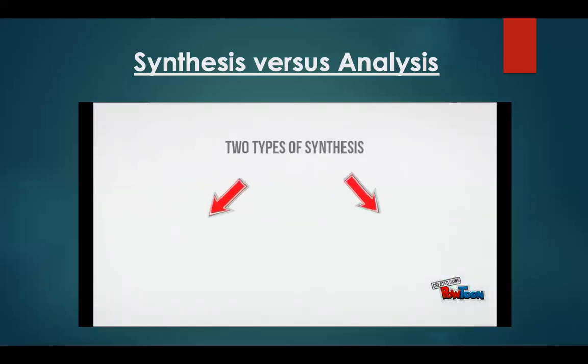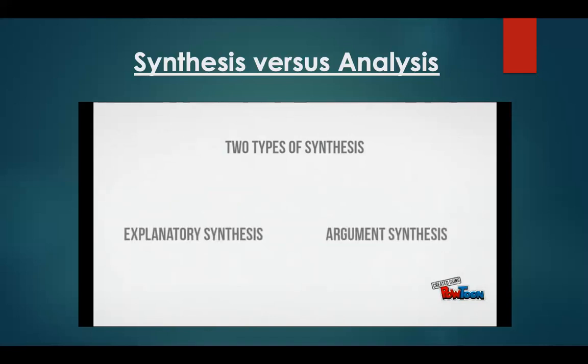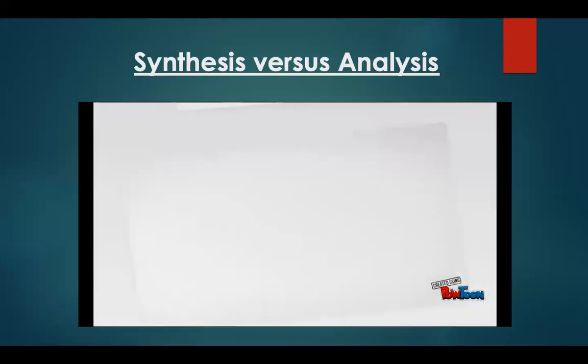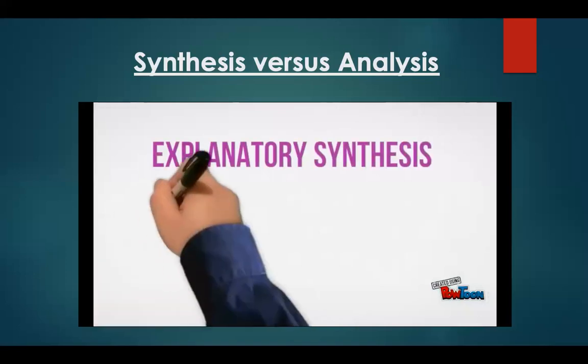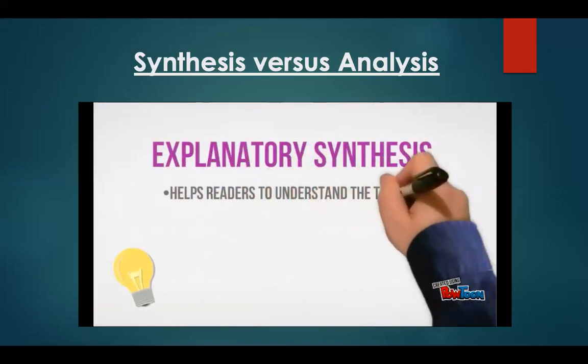So, there are 2 types of synthesis that we will look at today. The first is an explanatory synthesis, and the second is an argument synthesis. Now let's take a look at each of them in further depth. Let's start with an explanatory synthesis.